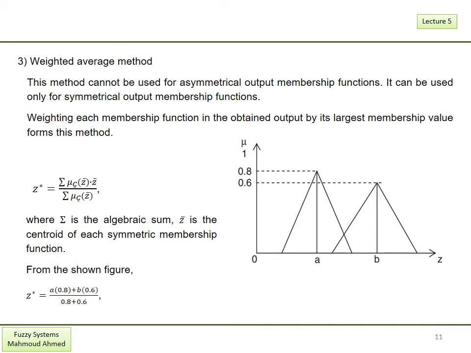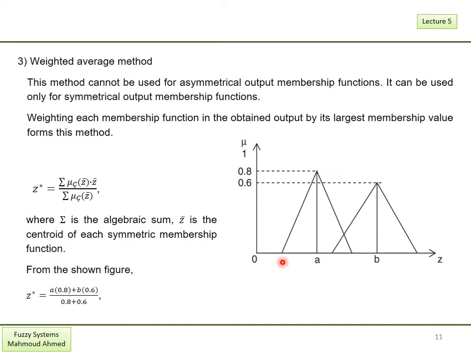The third method is the weighted average method. Such a method has the property that we can't use it for an asymmetrical output membership function. What does this mean? This means if we have a membership function as given here, this membership function must be symmetrical, otherwise this method can't be applied.